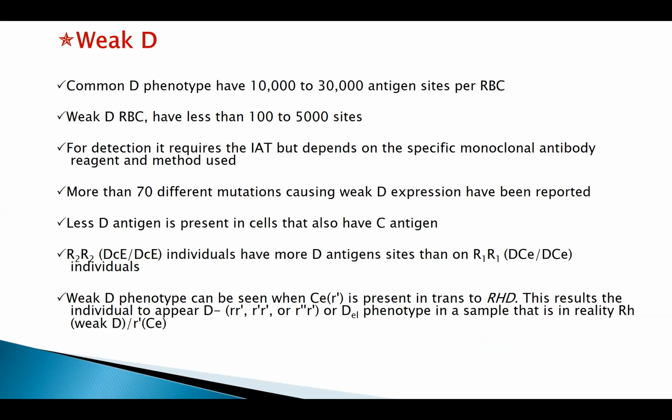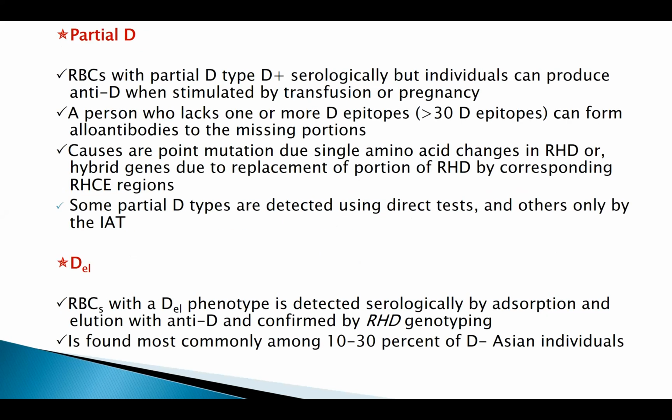Less antigen is present in those that also have big C antigen. They compete, so individuals could appear negative. We need to be careful not to miss these kinds of samples, because they might show no reaction even though the antigen is present, very weakly, on the RBC surface.